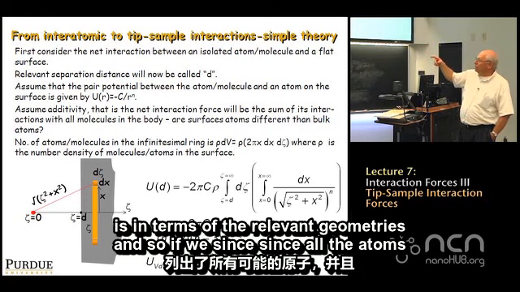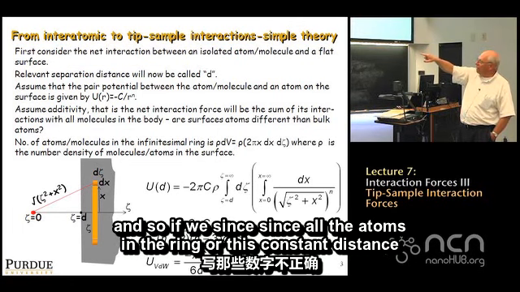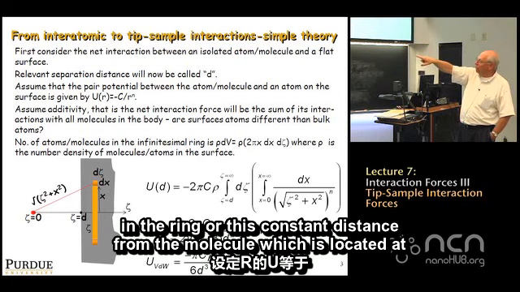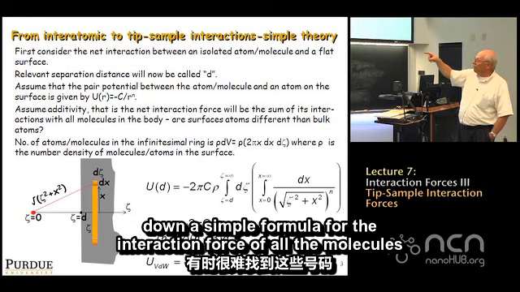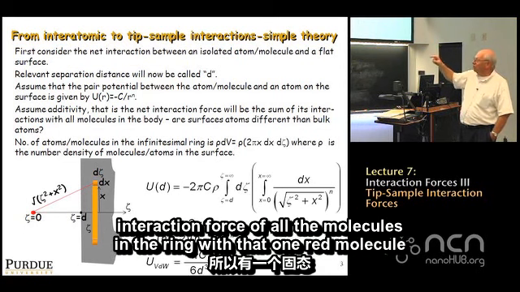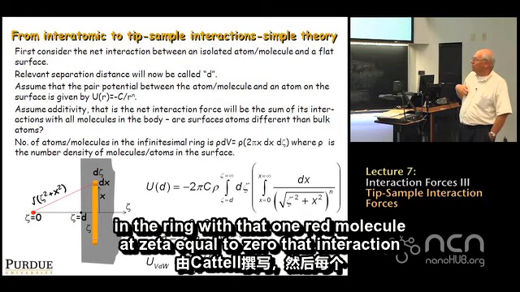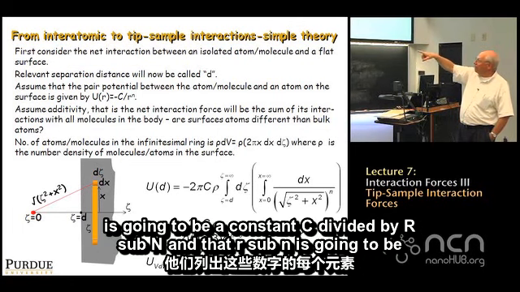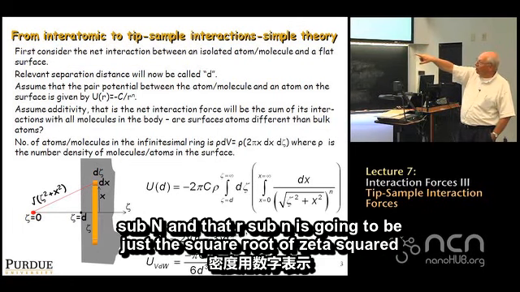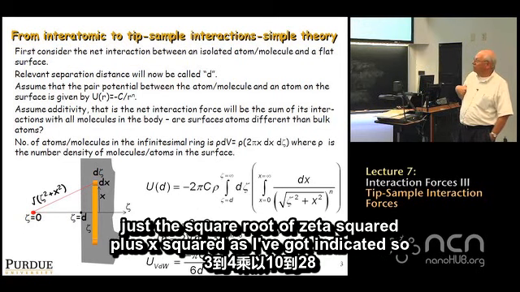Since all the atoms in the ring are at a constant distance from the molecule, which is located at zeta equal to 0, we can then write down a simple formula for the interaction force of all the molecules in the ring with that one red molecule at zeta equal to 0. That interaction is going to be a constant c divided by r sub n, and that r sub n is just going to be the square root of zeta squared plus x squared, as I've indicated.